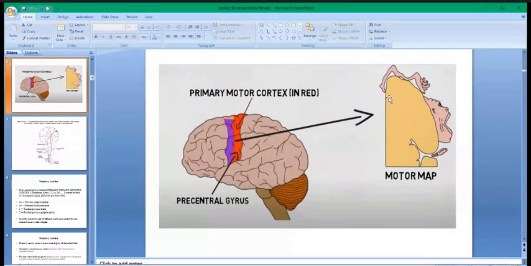So in case of sensory, if the sensory cortex is stimulated here, then the feeling will be somebody is touching the finger. If the sensory cortex is stimulated here, then the sensation will be somebody is touching the chin, right? Am I clear? This is the sensory cortex. Up to this clear? Yes, sir.